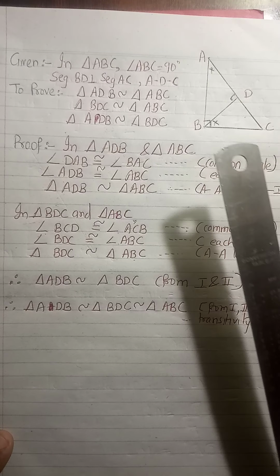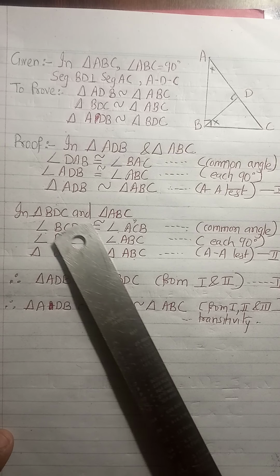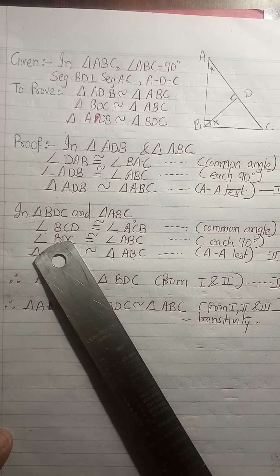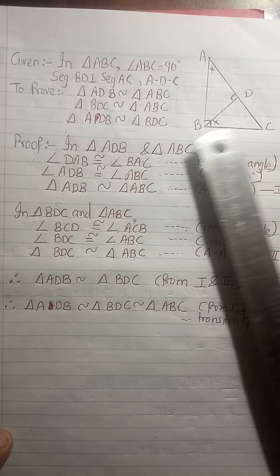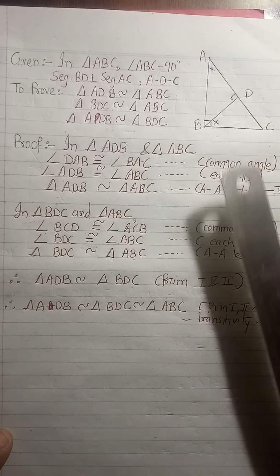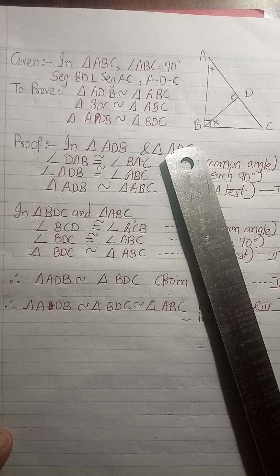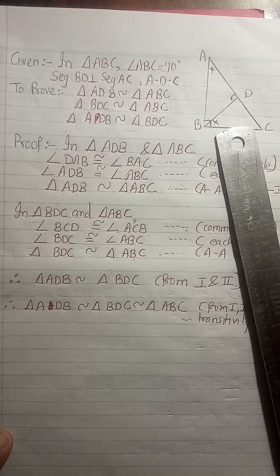Now consider the other smaller triangle and the bigger triangle: triangle BDC and triangle ABC. Angle BCD is congruent to angle ACB. Why? Reason: angle C is common to both triangles.